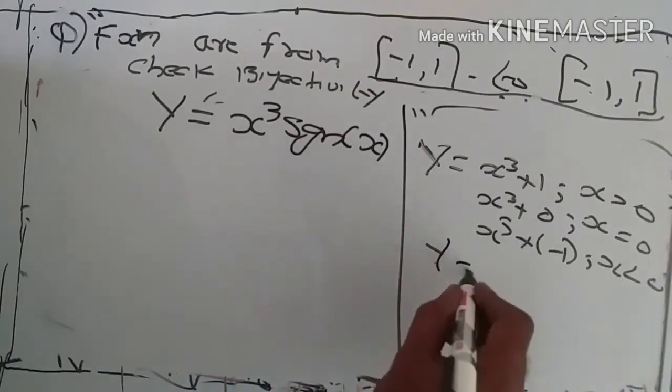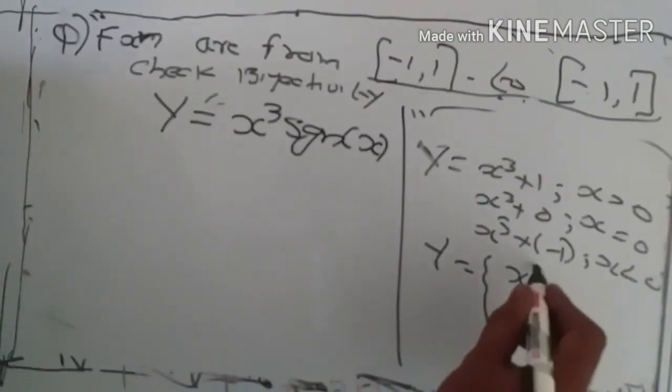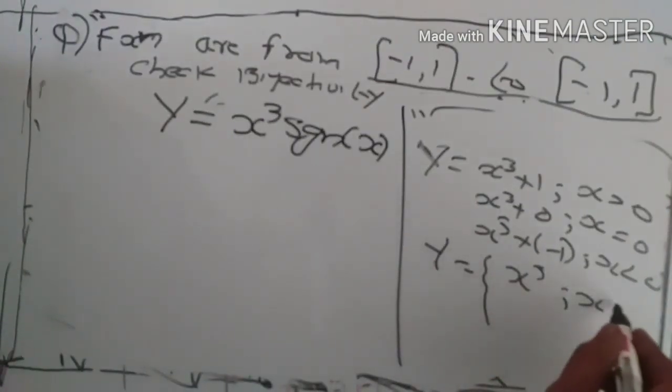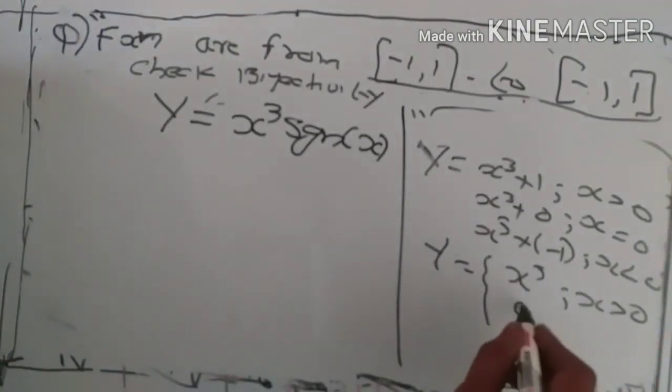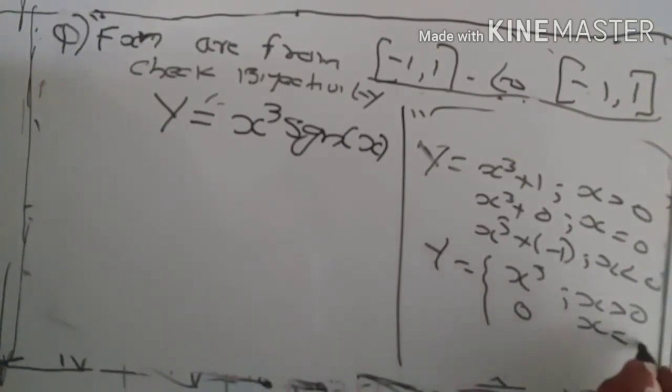So y is equal to x cubed for x greater than 0, 0 at x equal to 0, and minus x cubed for x less than 0.